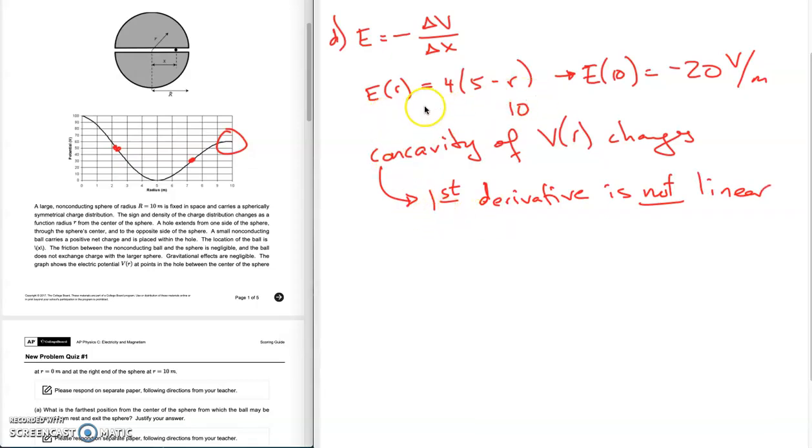So this can't be a good function for that whole range of 10 meters because the concavity is changing, so we can't have a linear function there. Those are two things that you can pick on.